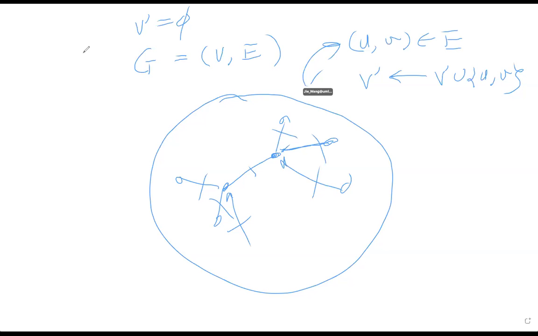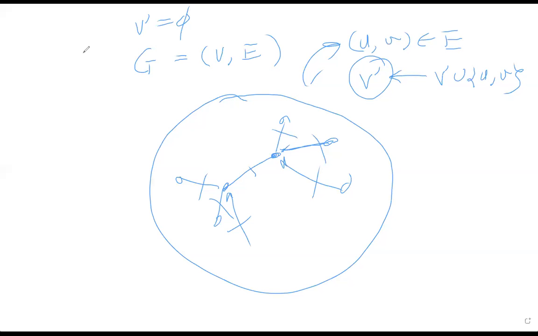I pick any edge in the remaining graph, and then we remove anything that's incident to this edge. And then you keep on doing this until I don't have any edge left. So that's how I'm going to compute this V prime. I get a vertex cover because it covers every edge.